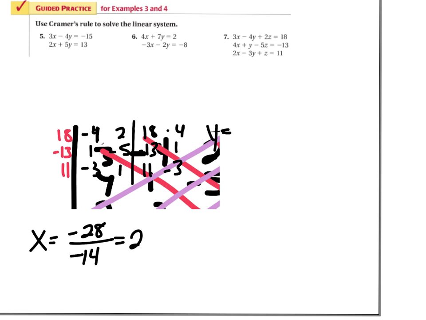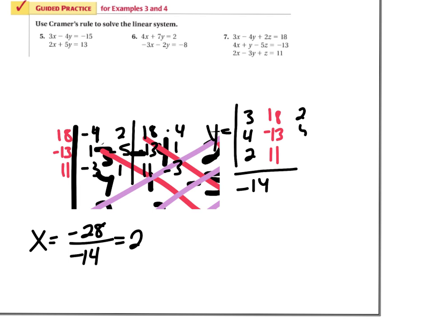I'll walk through y with you. We know we have a negative 14 in the denominator, and this time we write down our x column 3, 4, 2. Replace our y column with the constants 18, negative 13, and 11. And our z column has 2, negative 5, and 1.